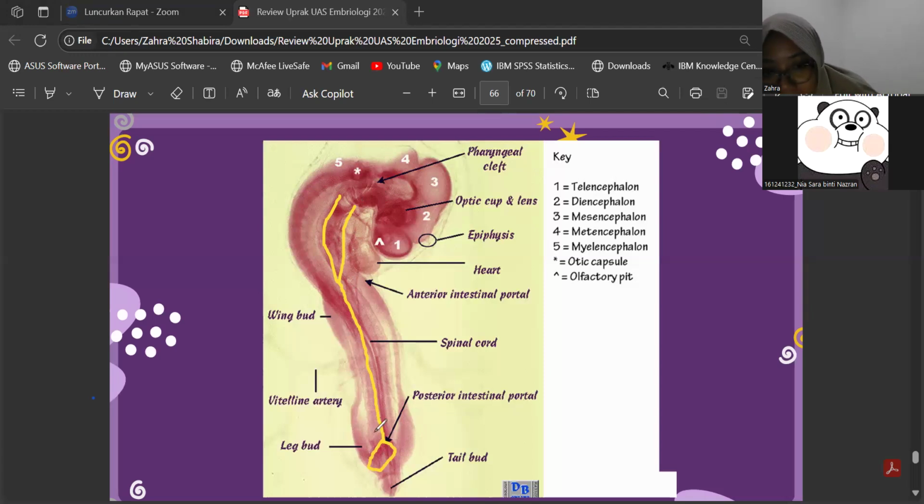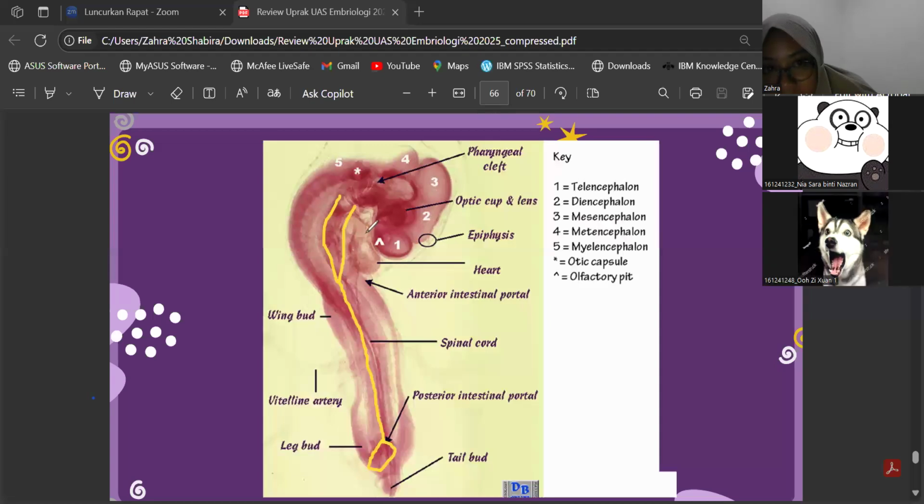PIP is between the leg bud left side and leg bud right side. Wing bud is also already developed, wing bud left side and right side. And then there is heart, which is much clearer to see. There are atrium and also ventricle in here.